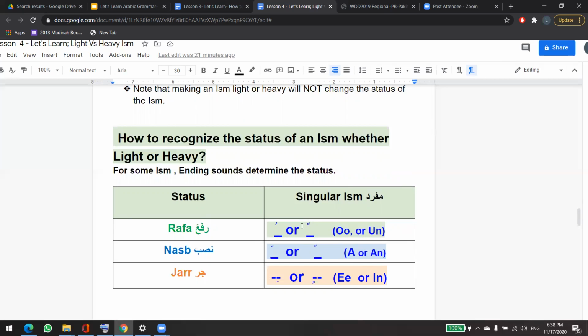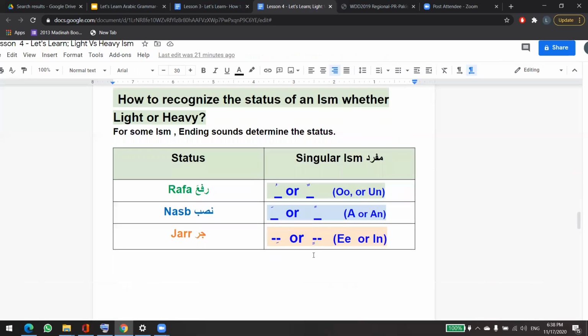The same goes with fatha, which denotes nasab status: A and An. And with kasra, kasratain or single kasra, you have the in sound or the e sound.